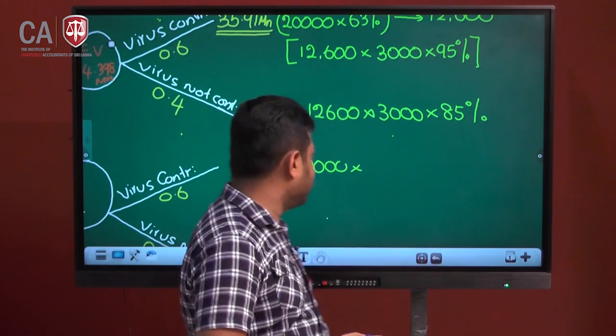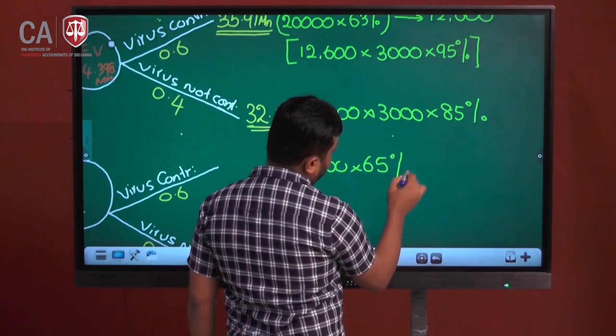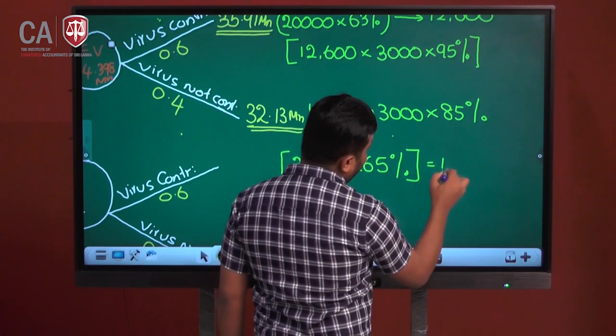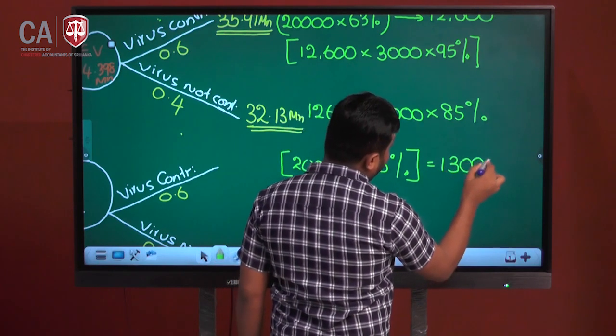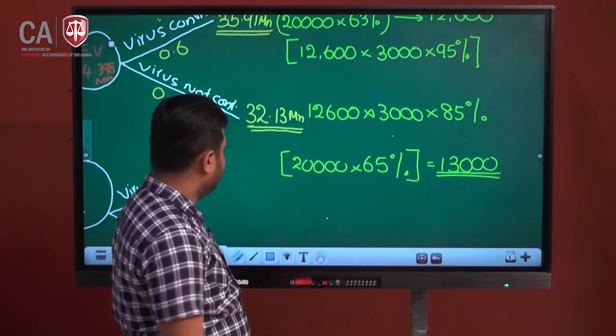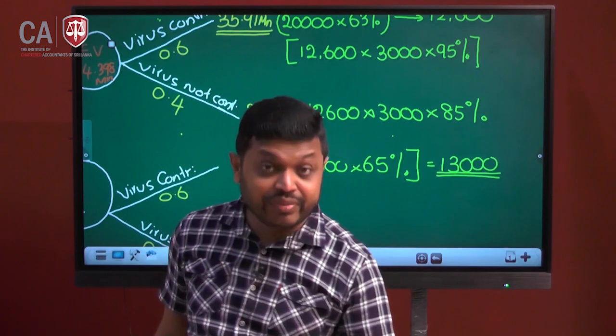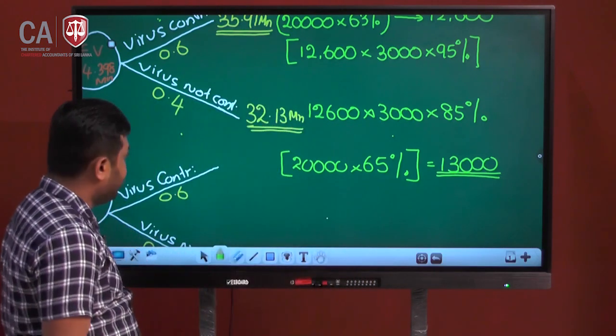Contribution will be 65%. Then contribution per room night with TripAdvisor is 13,000. Clear? It's given in the illustration itself.